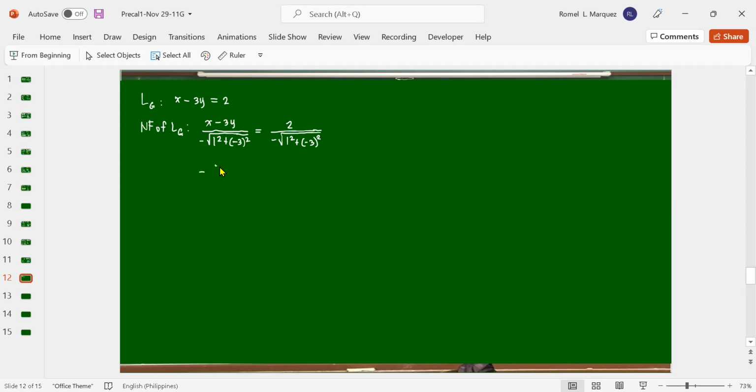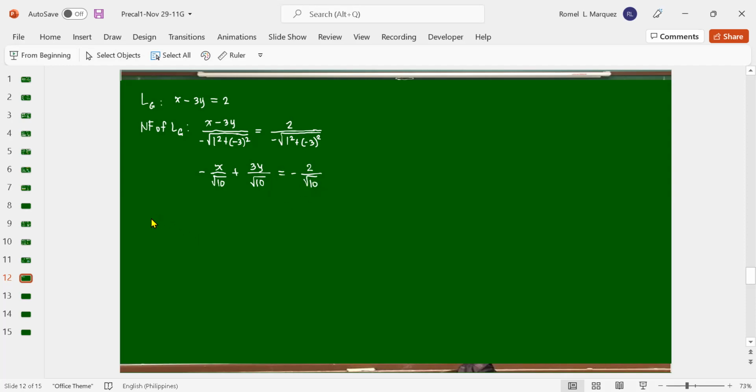Simplifying, we have negative x over square root of 10 plus 3y over square root of 10 equals negative 2 over square root of 10.